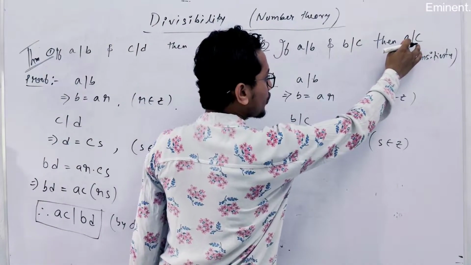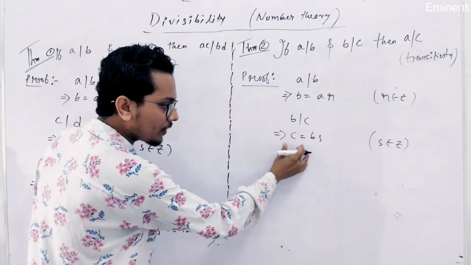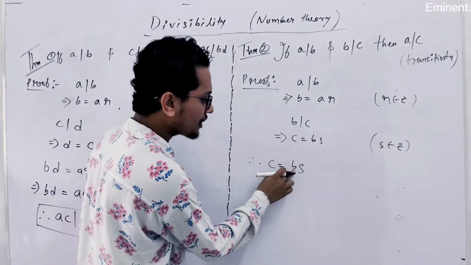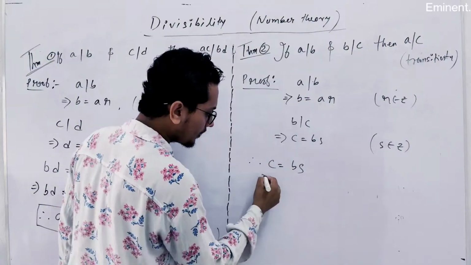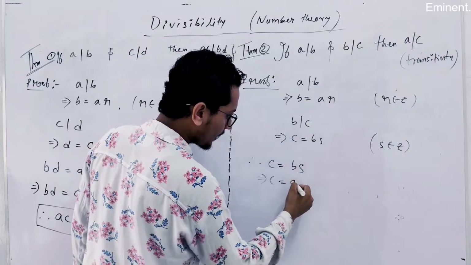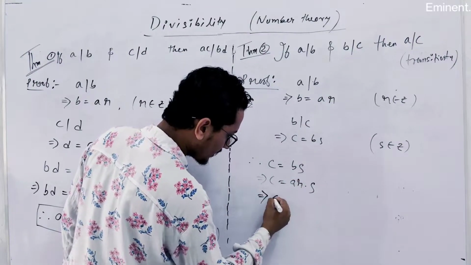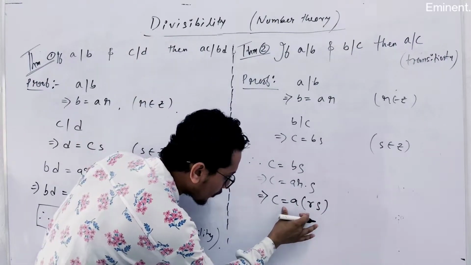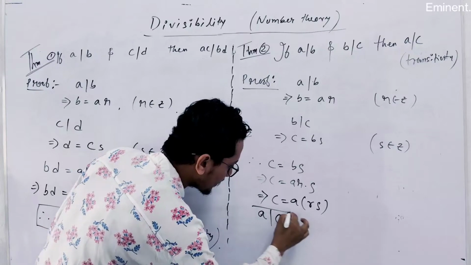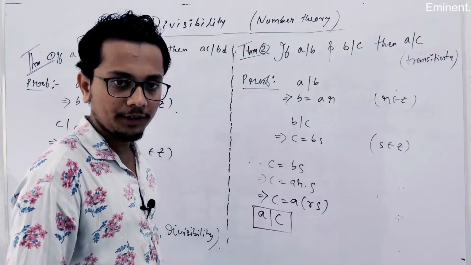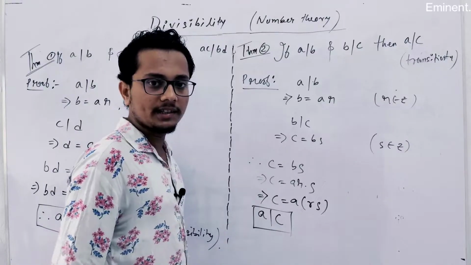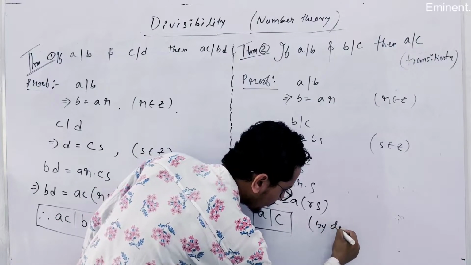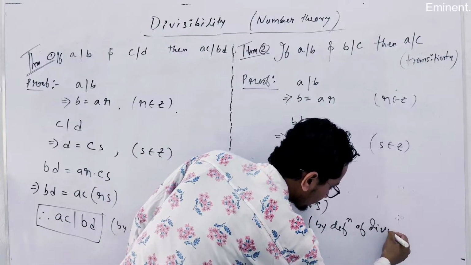Since you have to show that A divides C, and C equals BS, instead of writing B, let us write the value of B, that is B equals AR, so C equals ARS. You can write this as A times RS, and here RS is an integer. Then from this step you can write A divides C by definition of divisibility, which is what you need to show.